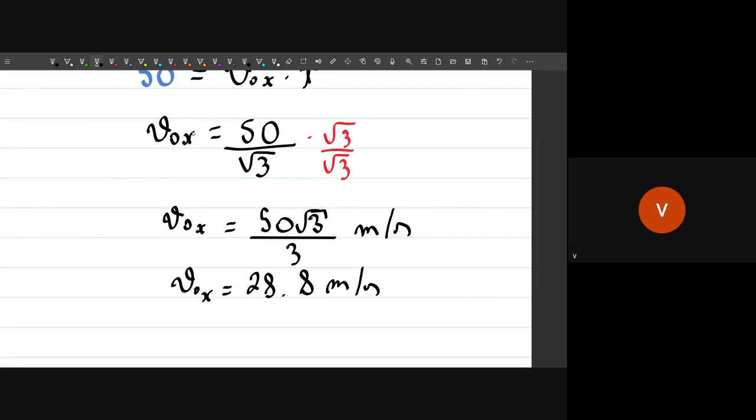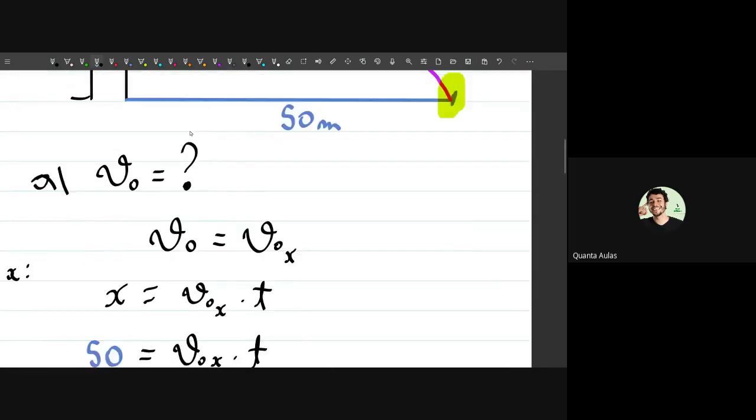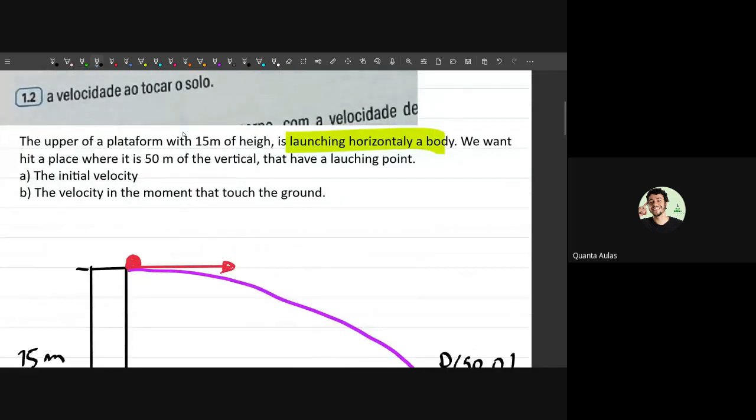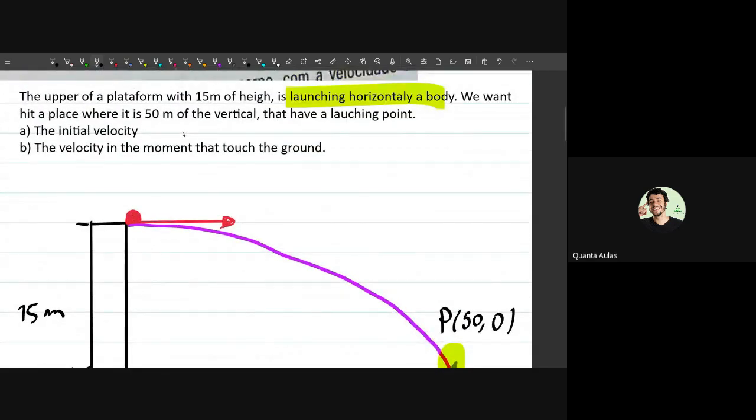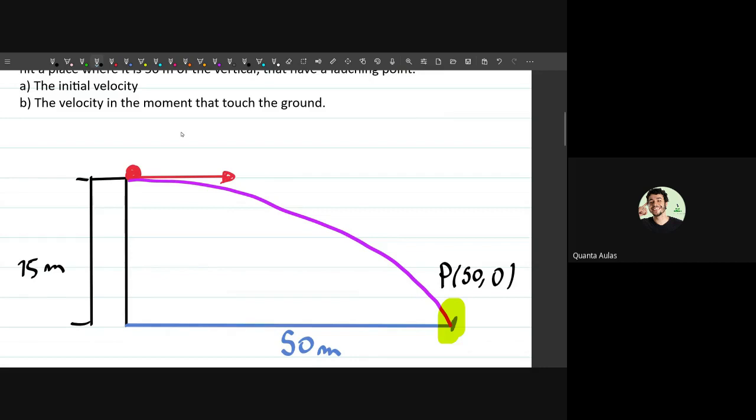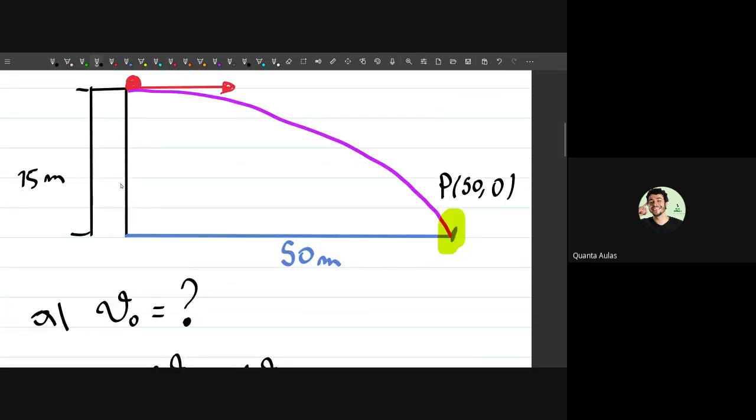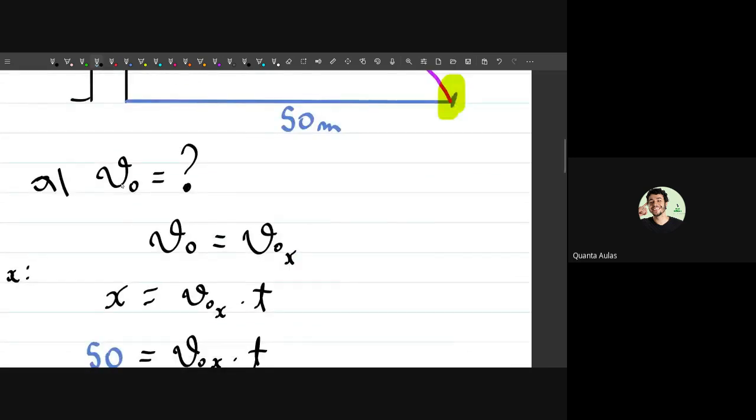Yeah. Okay, let's do a revision. We have a body launched horizontally, and we want this body to hit a point on the ground 50 meters from this place in the horizontal. So again, a kinematic problem. We need to use the equations, and we need to understand what we want. First, we want the initial velocity.